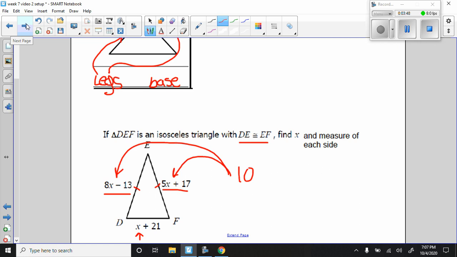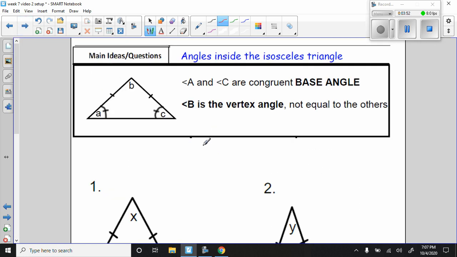Now working with angles is a lot different. I mean, I guess it's not as different, but here we go. The two angles that are congruent in an isosceles triangle are called the base angles. And that one angle that is not congruent to the base angles is called the vertex angle.